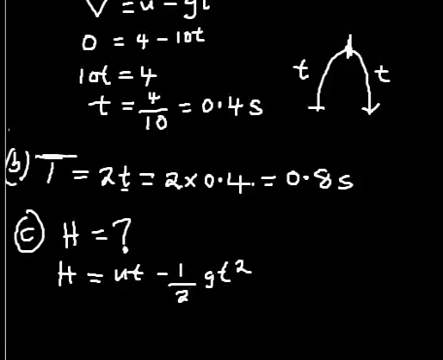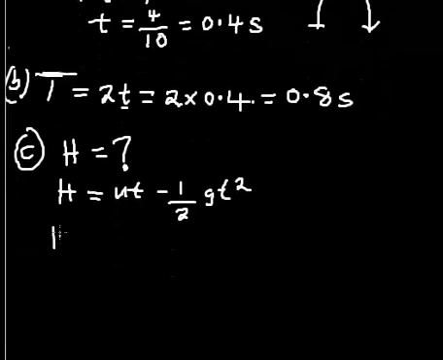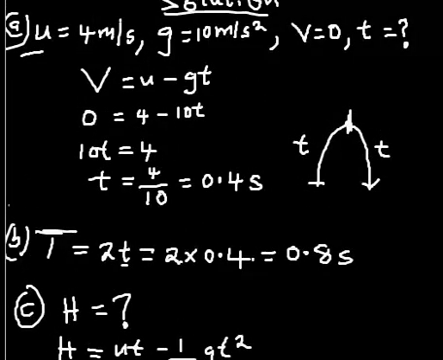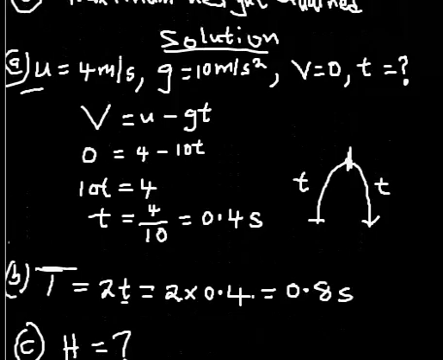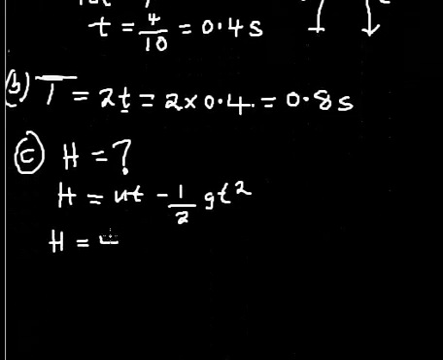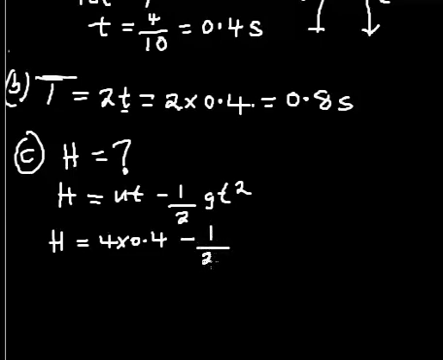Alright, so with what we have, h is going to be equal to u. Of course, you know what u is. u is 4, multiplied by t, which is 0.4, then minus half times 10, times 0.4 squared.